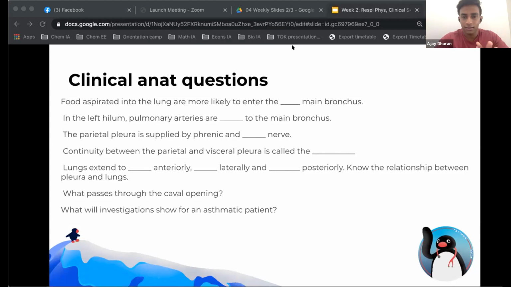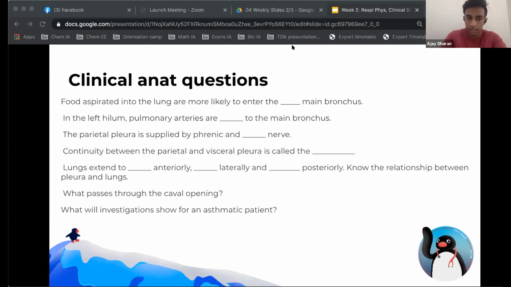Do you remember the thing that Lazarus always likes saying? Whenever you have a looping of your parietal and visceral pleura, you form this thing known as a ligament. So a ligament is whenever your parietal and visceral pleura attach to each other, and in the case of your lungs, it's known as a pulmonary ligament.